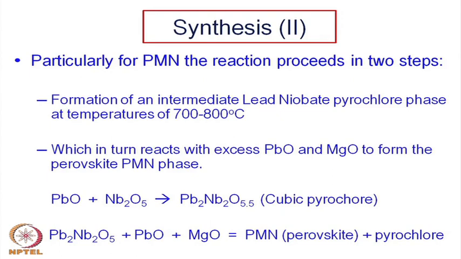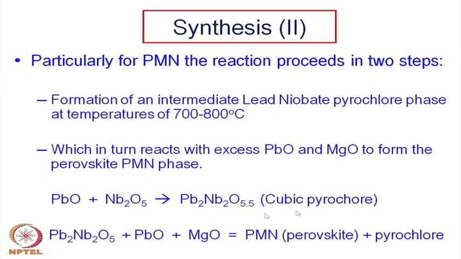This pyrochlore phase in turn reacts with the excess PbO and MgO to form the perovskite PMN phase. So initially a lead niobate pyrochlore phase forms, and then that lead niobate pyrochlore reacts with the excess amount of lead oxide and magnesium oxide to form the perovskite or the PMN structure.